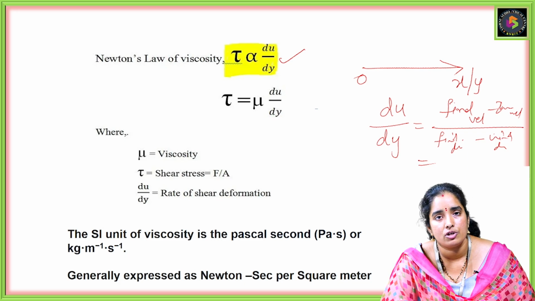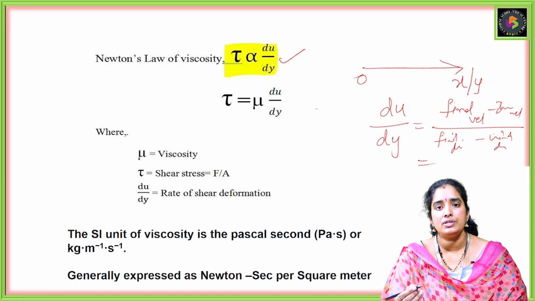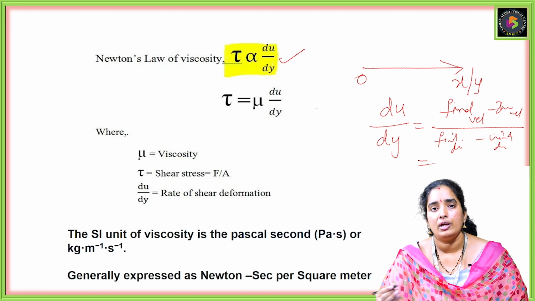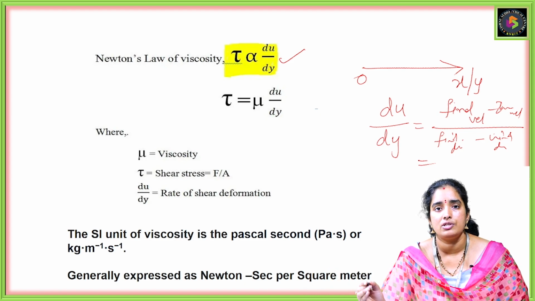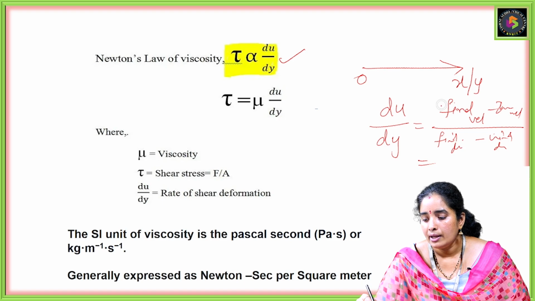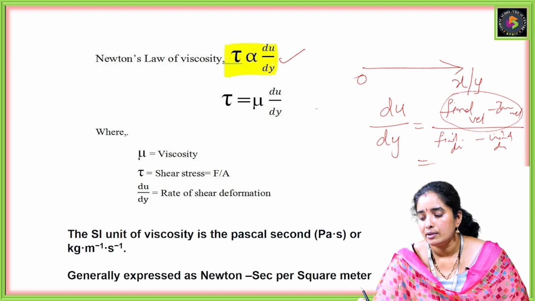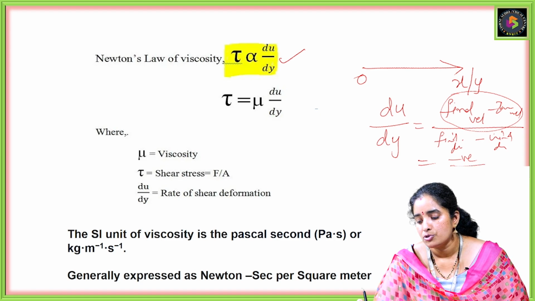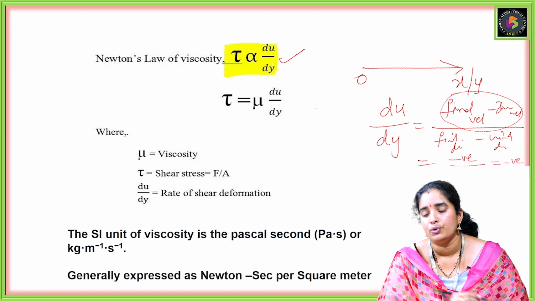Obviously, the initial velocity is maximum, because at the entrance of the pipe the fluid moves with high velocity. Moving along the distance, the velocity gradually decreases because of some resistance to the flow. So in this condition we get a negative value. Distance is always positive, so finally you get a negative value.